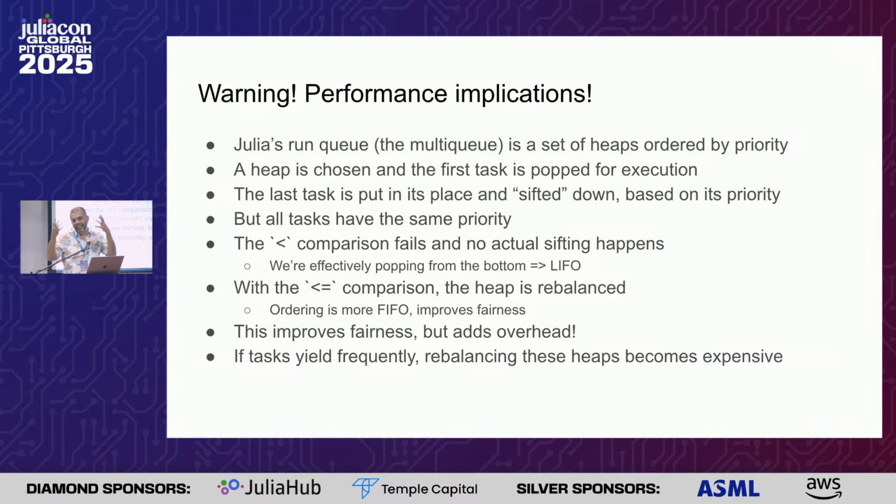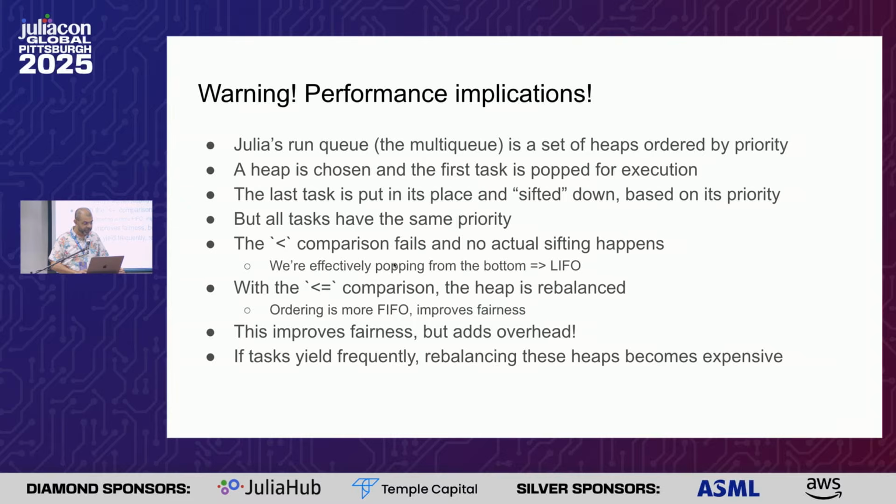The multi-queue is basically a bunch of heaps, sorted by priority. But of course, all the priorities are the same because we don't set priorities. So when you pop a task off the heap, you take the topmost task from the heap. You're going to start running it. Then you take the last task in the heap and put it at the top, and then you sift it down. This is pretty standard heap balancing, right?